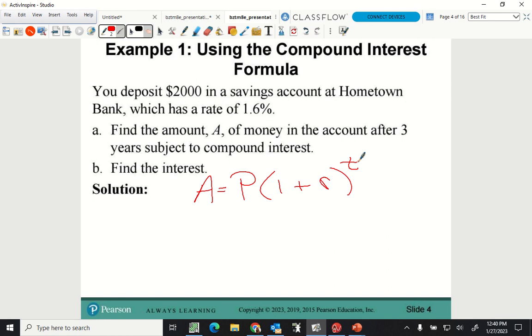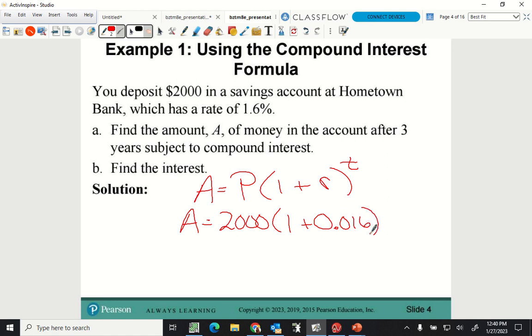So it's going to end up being A equals P. What is the P in this case? 2,000. Parentheses, 1 plus 0.016, because it's 1.6% and I have to write it as a decimal, to the power 3.